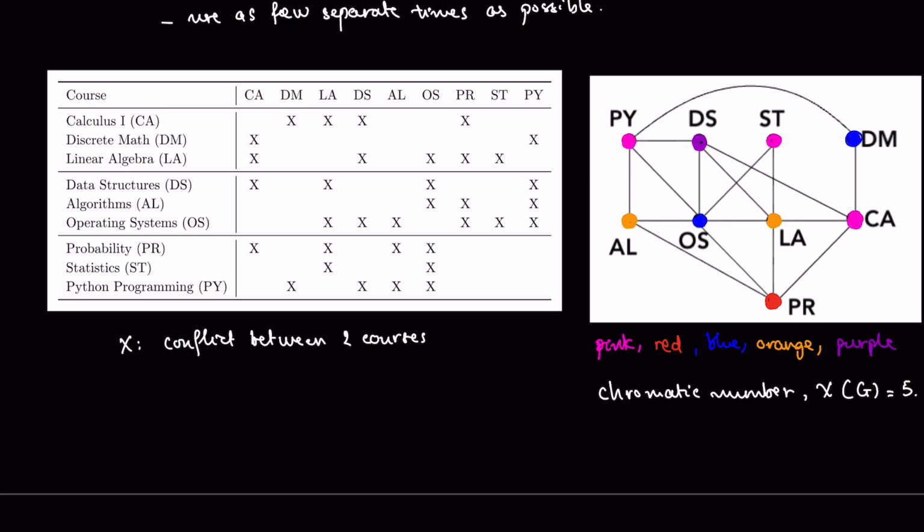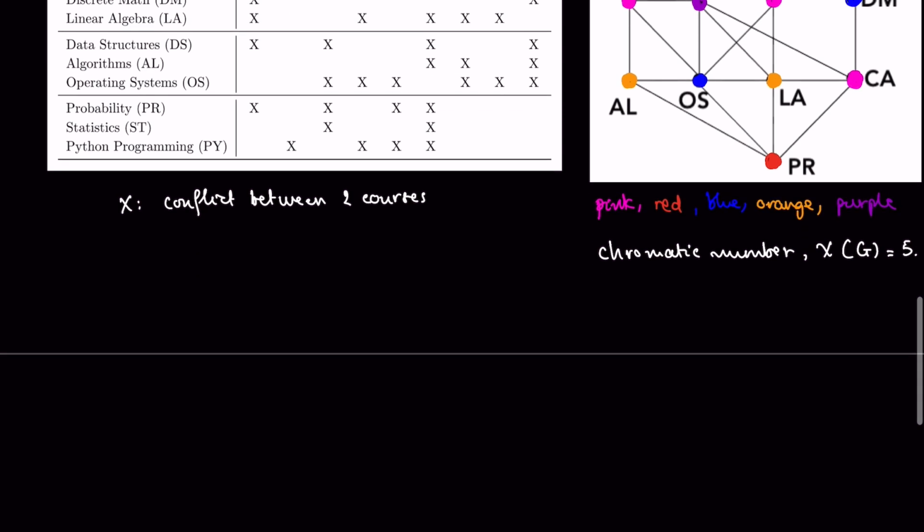So certainly this is one version of graph coloring. You can have different versions of this particular graph with different colors. One of the things that I just noticed is that you can switch out the color purple and use red for DS, because DS and PR are not adjacent to one another, so you can use the same color, right? And when you do that, we reduce the chromatic number down to 4 instead of 5. So let me do this.